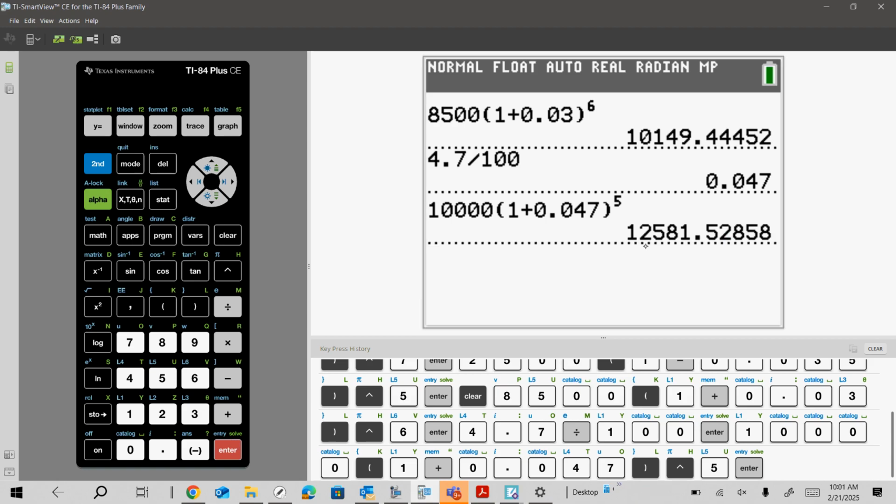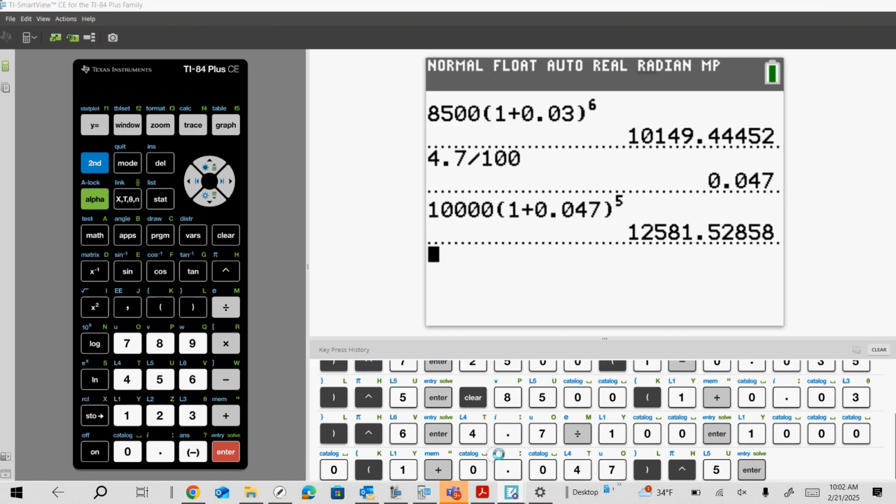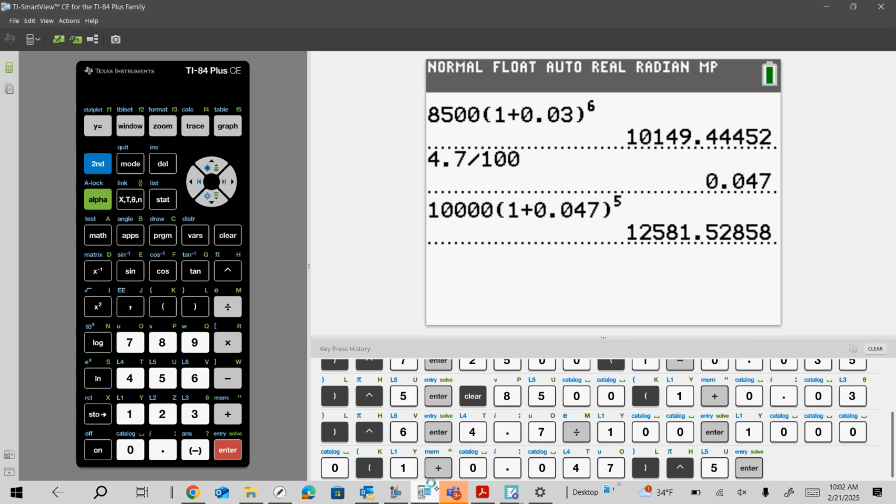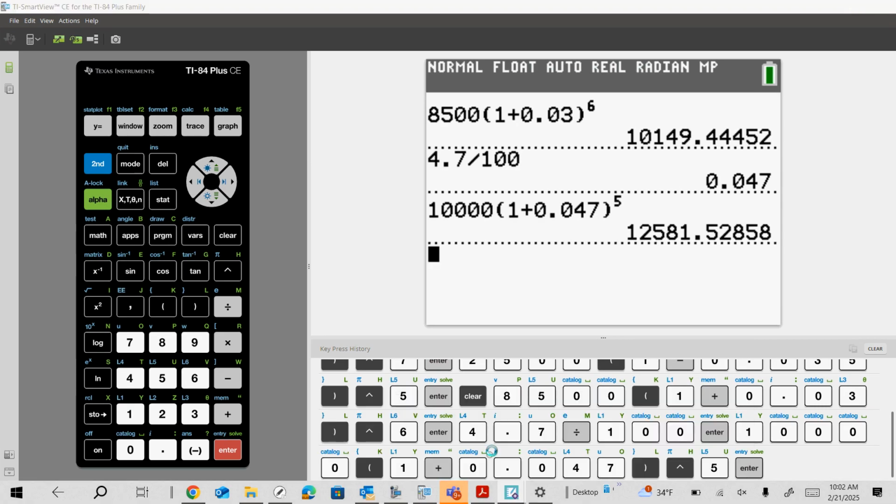So in this one, we're looking at $12,581.53. Okay. Because after the 2 is an 8. So this, to the nearest cent, we would round up here. No, I said 100. It's 581. Sorry.